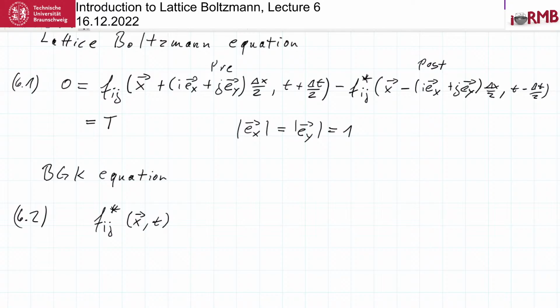The post-collision state minus the pre-collision state at the same time and space is equal to a relaxation frequency times f_ij equilibrium minus f_ij. So it depends on the equilibrium function, and it depends on the pre-collision state. This is something we already derived in an earlier lecture.